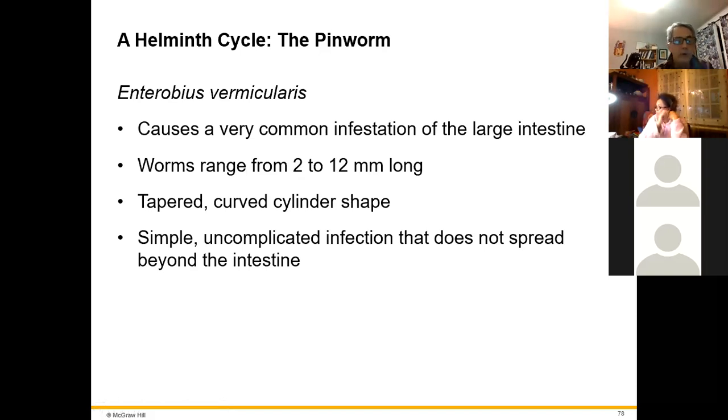If you remember, the thickness of your fingernail is 1 millimeter, so 12 fingernails stacked would be 12 millimeters. These pinworms are a tapered and curved cylindrical shape. It's a simple, uncomplicated infection that does not spread beyond the intestine.